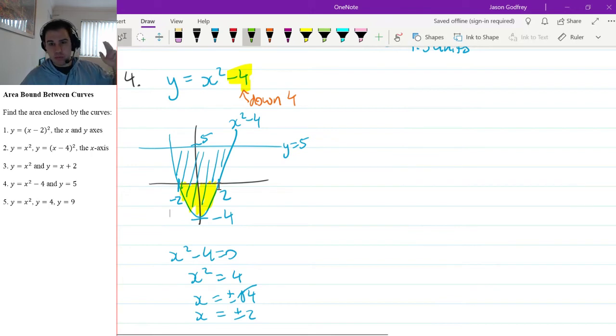Now remember, because it's below the x-axis, when you calculate that it'll be negative, so you've got to make sure you take the absolute value. So that's how you could get that piece there. And then this piece above here, you could find the area of this rectangle here, where these points are.